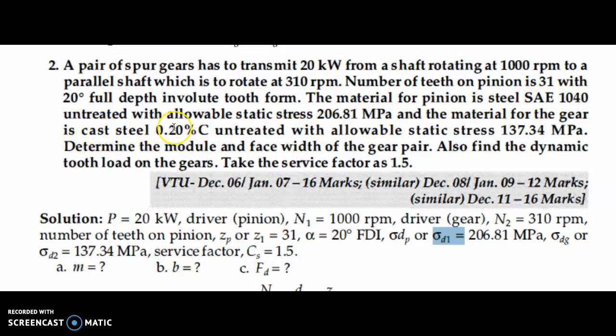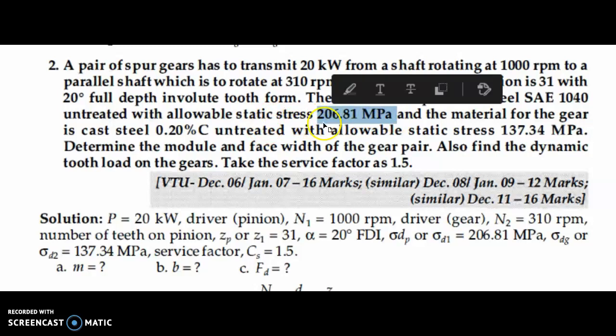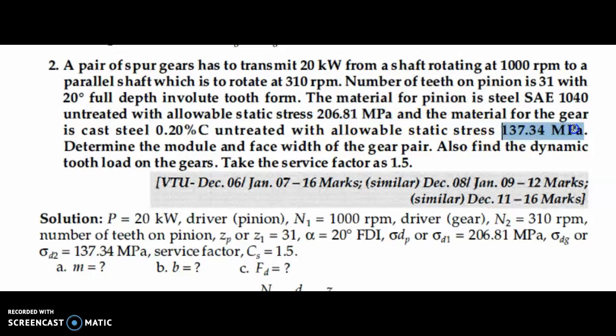So firstly, we can identify that these are not the same material, so we should check the strength factor. In this case, the value of static stress is directly given in the question itself. For the pinion it is 206.81 megapascal, and for the gear it is 137.34 megapascal.